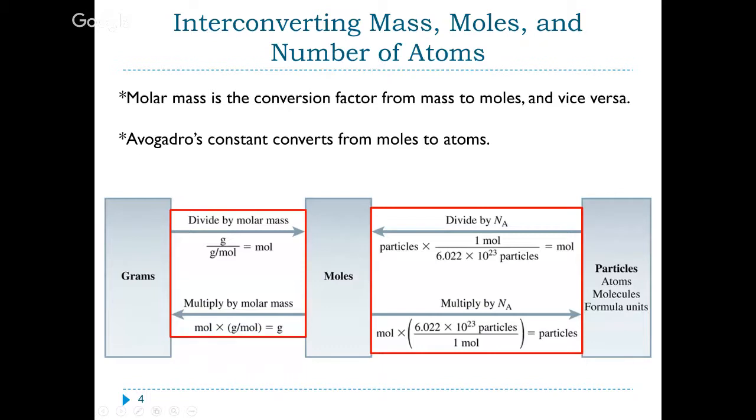If we are given some number of particles, we divide by Avogadro's number to get back to moles. There is no direct conversion between grams and particles. You always have to stop off here in the land of moles. So grams to moles, we divide by the molar mass.